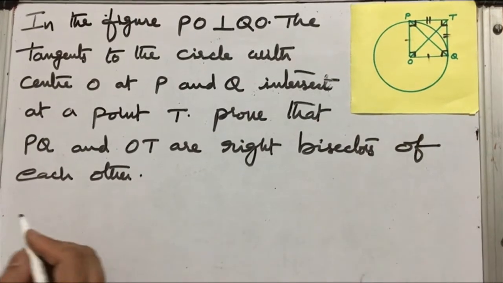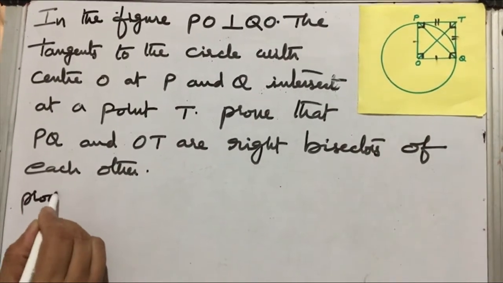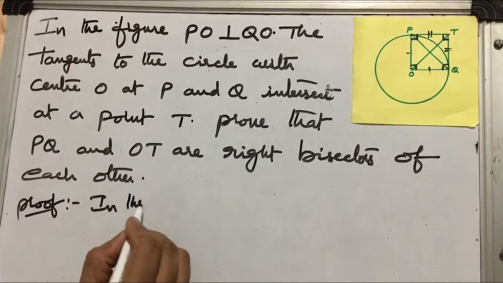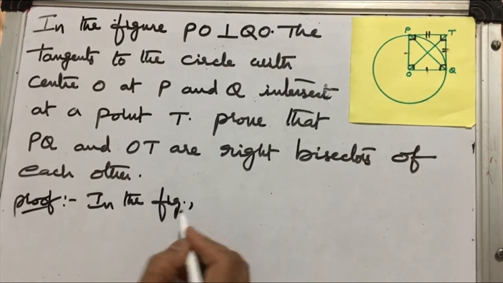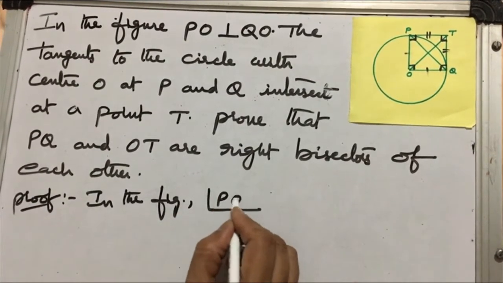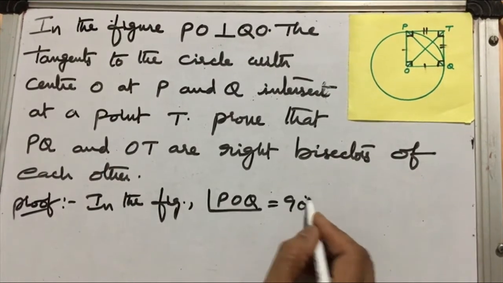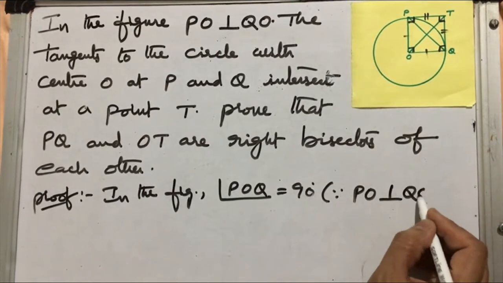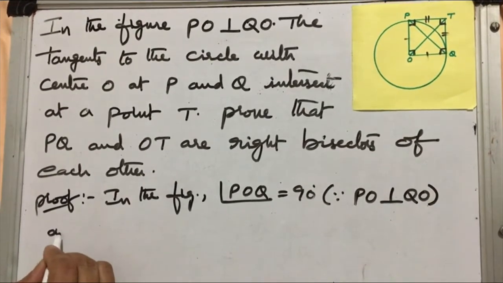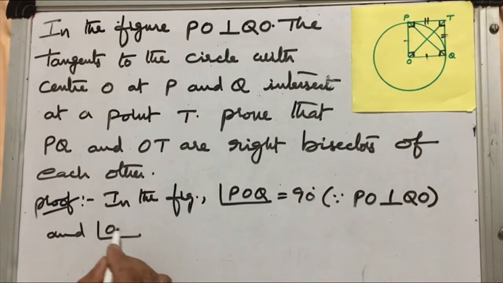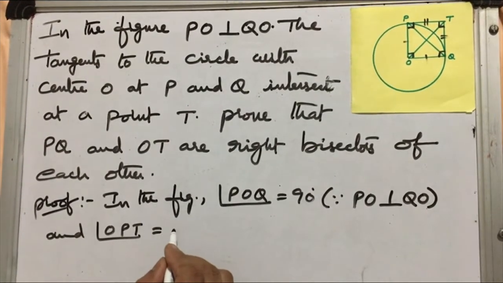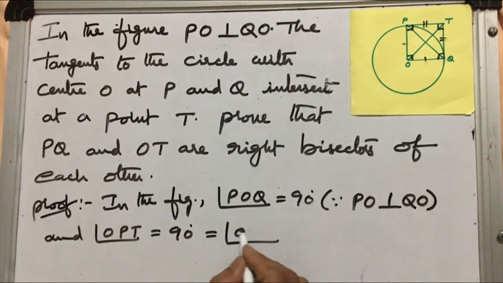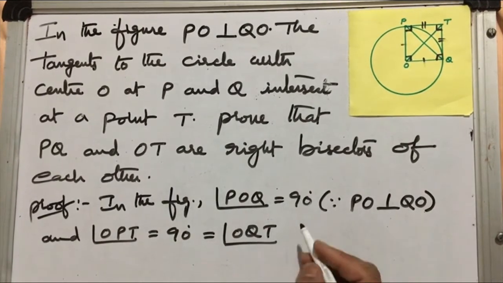So we are going to write it like a proof. In the figure, angle POQ is equal to 90 degrees since PO is perpendicular to QO, and angle OPT is equal to 90, and this is also equal to angle OQT, which is also 90 degrees.